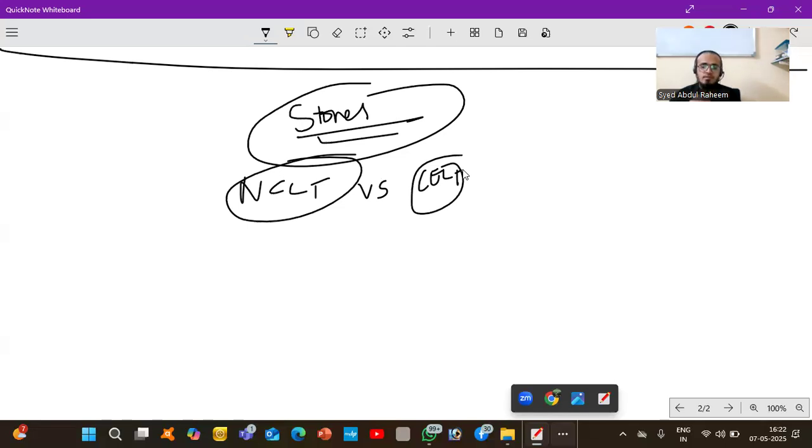CT scan only, sir. Basically, CT scan is okay. If you want to measure the amount of stone, it is also available in CT scan. You will get a picture of that hard substance.